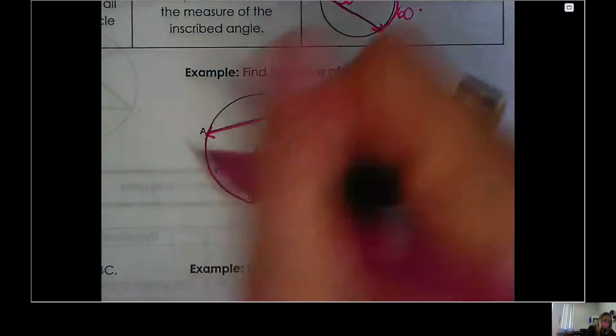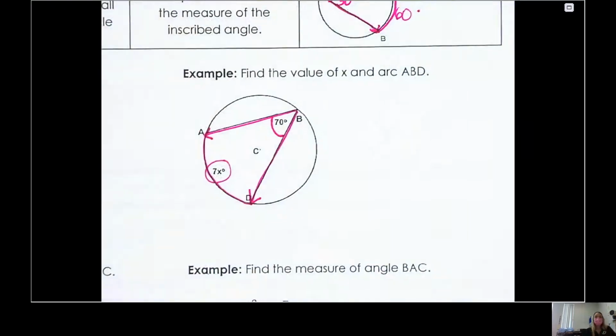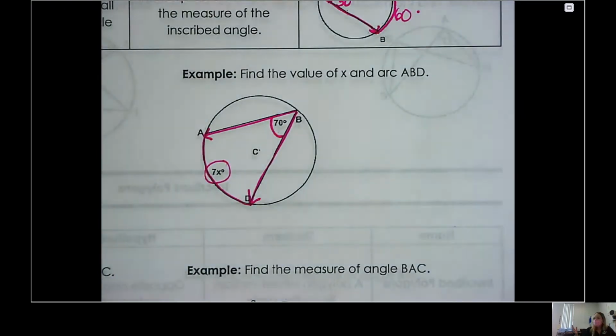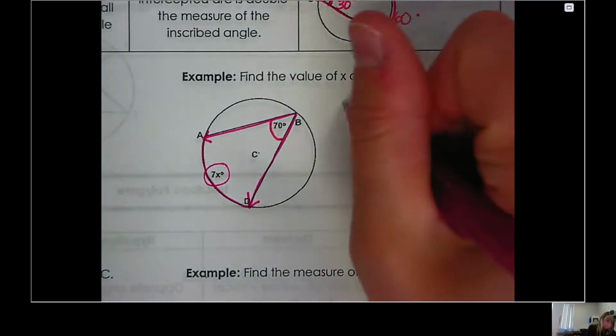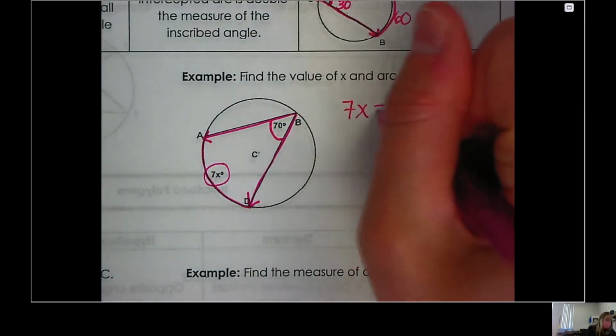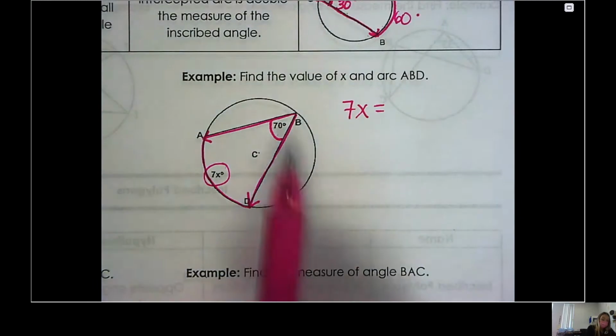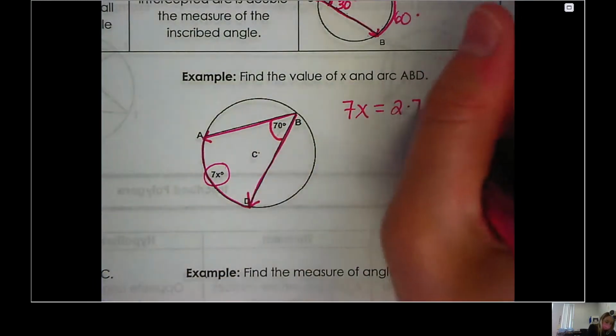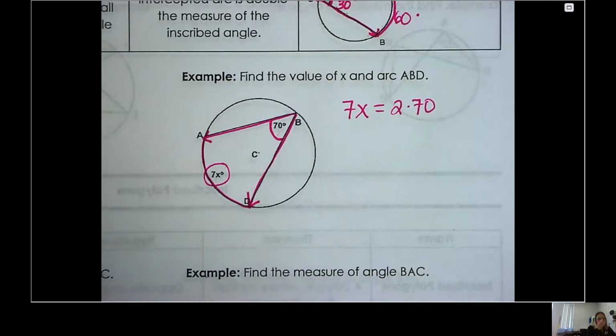Well, I'm just going to take this right here and set it equal to 140 degrees, and then I'm just going to solve it. So essentially, I'm taking 7x and setting it equal to 2 times 70, doubling the 70. So I'll write out 2 times 70 for the first one here.